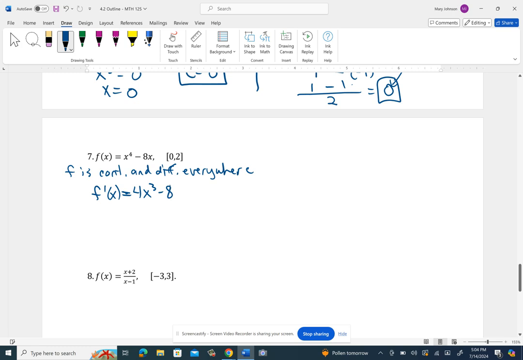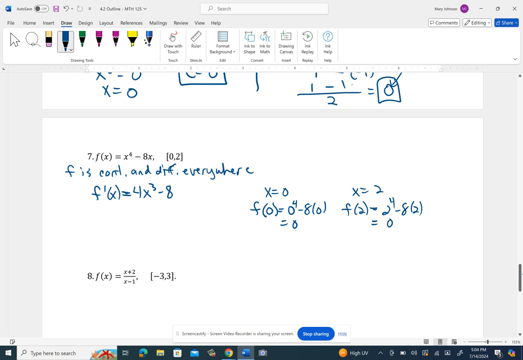Okay, then I'm going to come over here and think about when x equals 0, f of 0 would be 0, because 0 to the 4th, I'll go ahead and write it, minus 8 times 0 would give me 0. And when x equals 2, f of 2 would equal 2 to the 4th minus 8 times 2. Okay, and that equals 0.